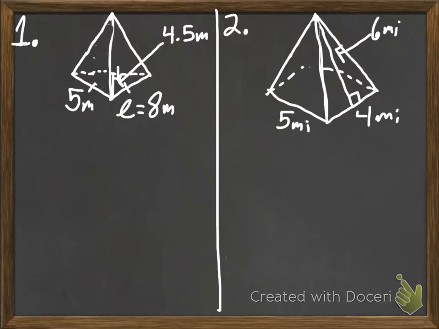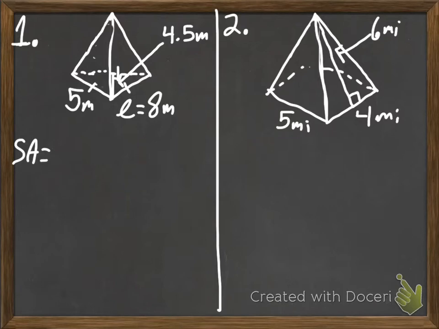Okay, now I'd like for you to, in your group, work these two problems by pausing the video. Okay. So, number 1, the surface area is going to equal the area of the base.